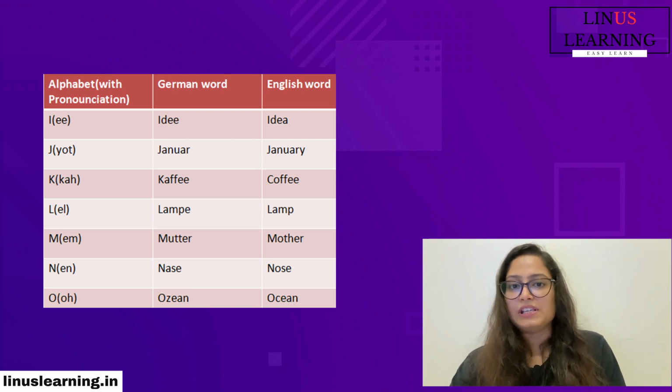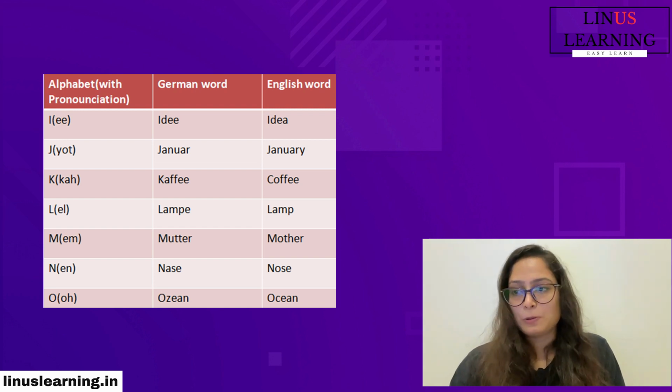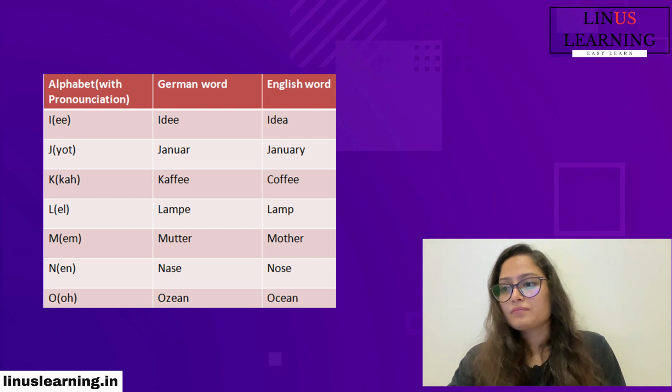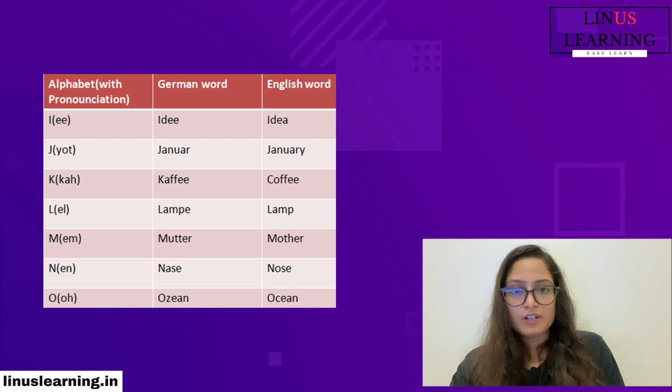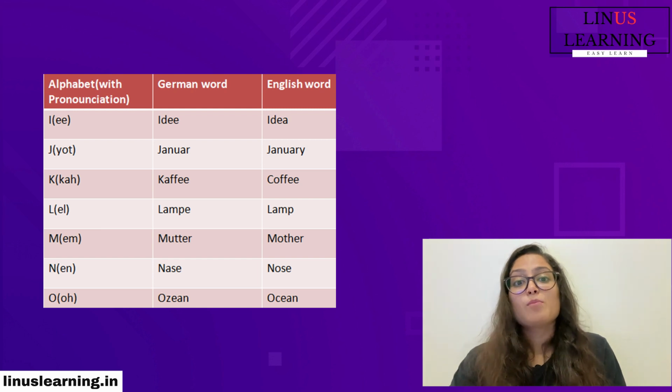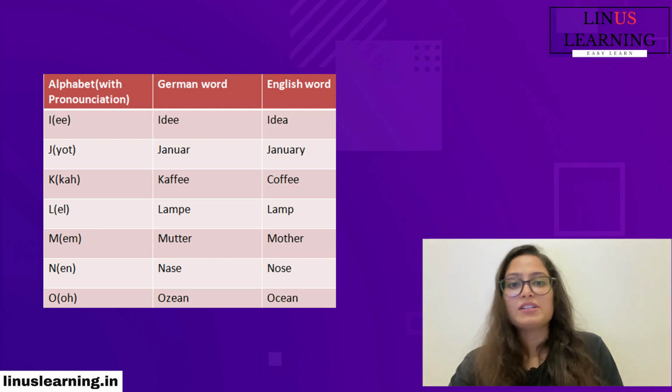Idee means idea. I have an idea. Okay. J wie Januar. Januar means January. If you remember, in the last class I said bis Montag, bis Januar, right? See you on Monday, or until Monday.